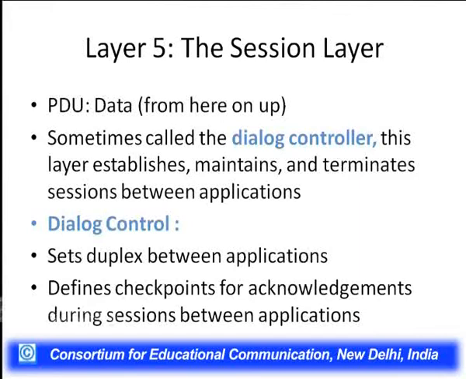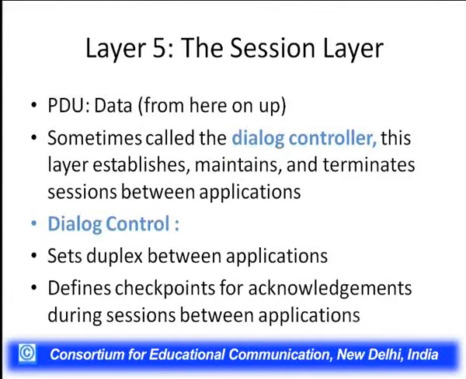PDU stands for protocol data unit. Sometimes the session layer is also called the dialogue controller because it establishes, maintains and terminates sessions between applications. It makes sure that there is a dialogue. The dialogue is possible through a connection, and the active connection is maintained between the two computers.